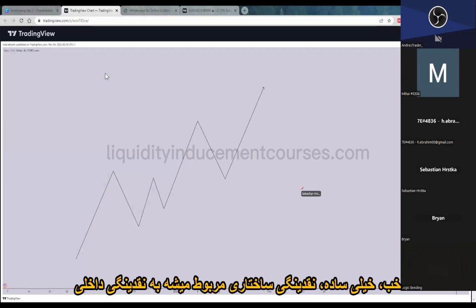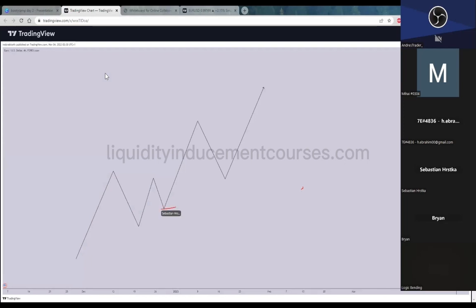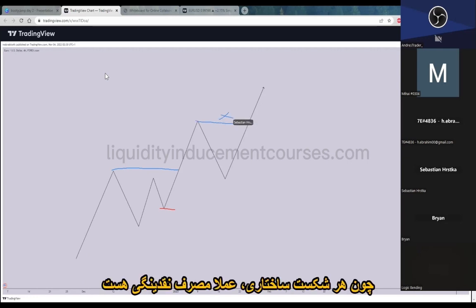So simply, structural liquidity is internal liquidity, internal structure. I'll answer the questions at the end. So this is the structural. It's internal structure. Then these would be transactional, because generally speaking, every break of structure is a liquidity grab.